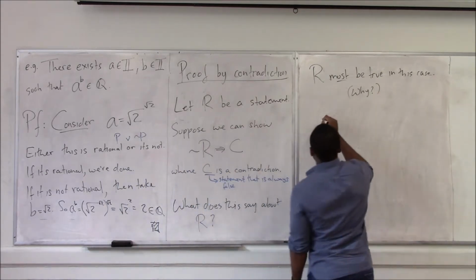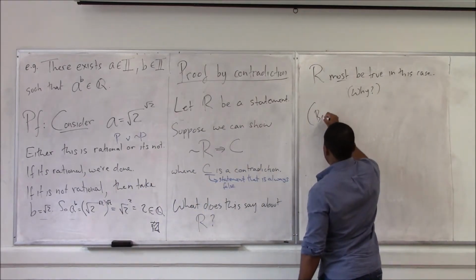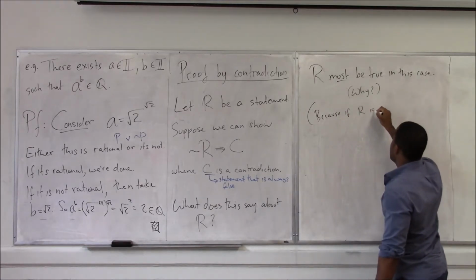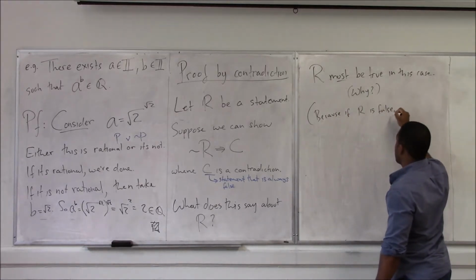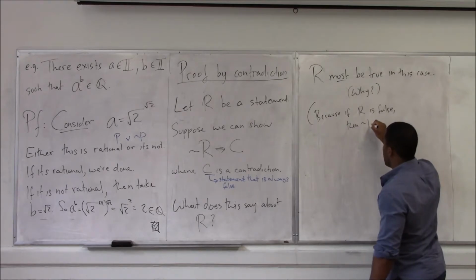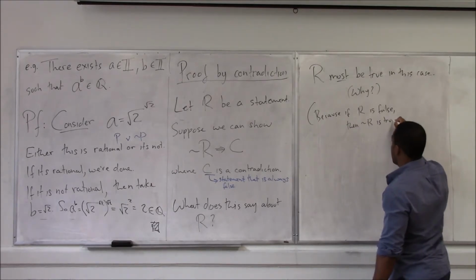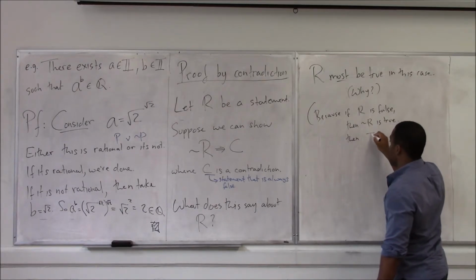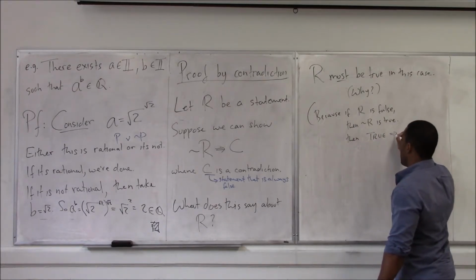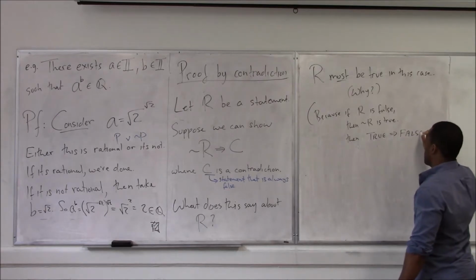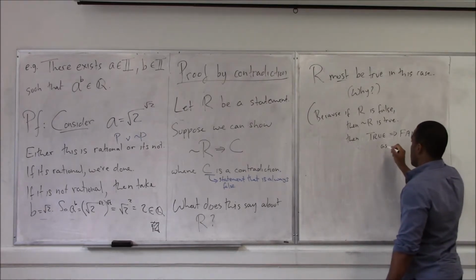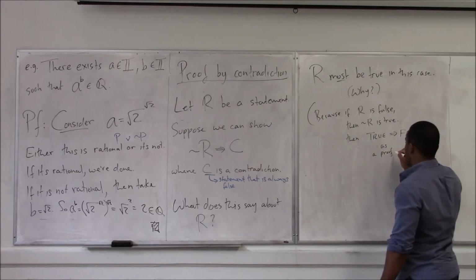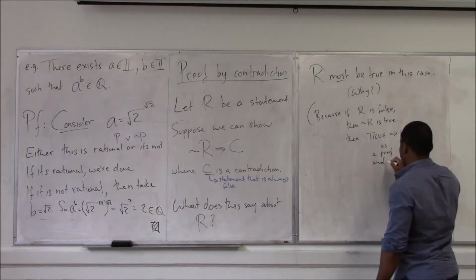Because if R is false, then not R is true, then that means we would have true imply false as a proof. And we know it's not.